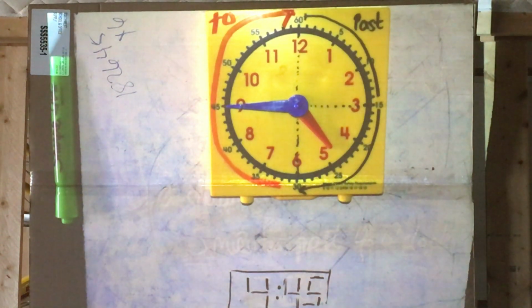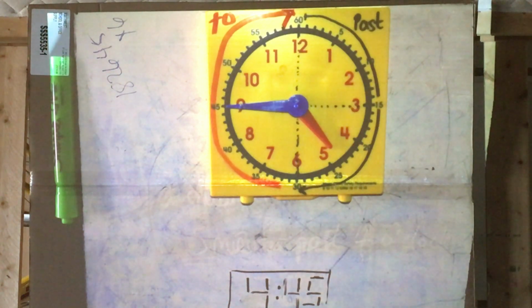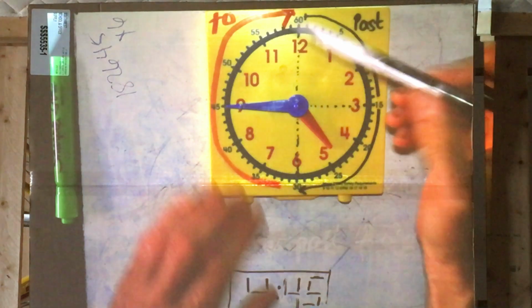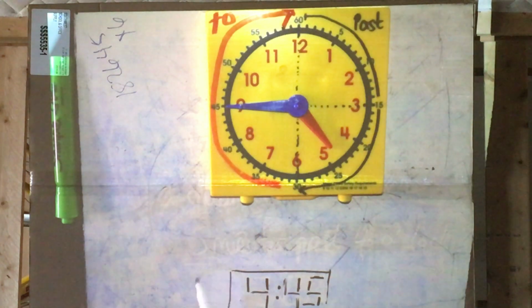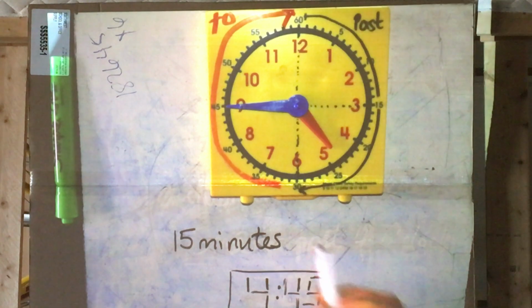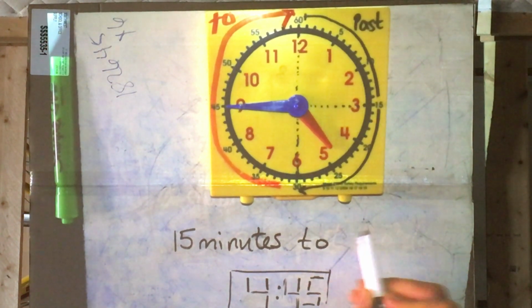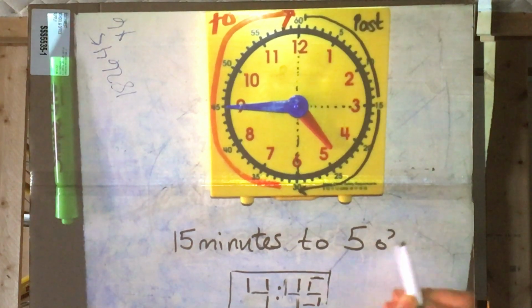Now, we then talk about how many minutes to the next hour. Well, and I'll show you how to do that. We write it like this. 15 minutes, and there's a few ways to write it, 15 minutes to 5 o'clock.